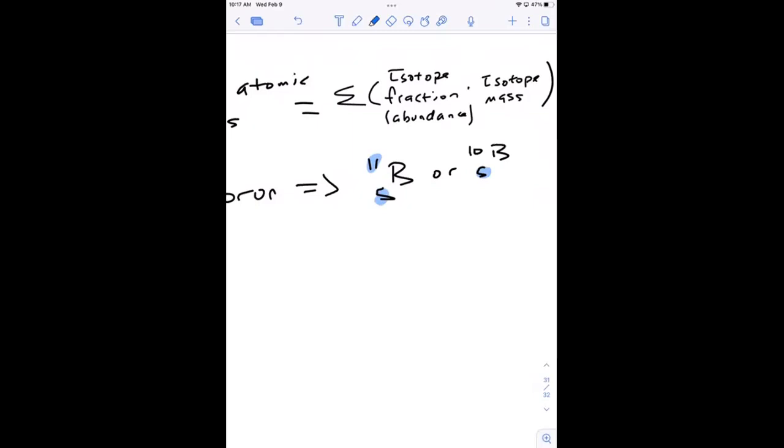6 neutrons. Good. A quick way to remember how we determine it is the alphabet. So we go A minus Z. A is the mass. Z is the atomic number. If you subtract them, that gives you the number of neutrons.